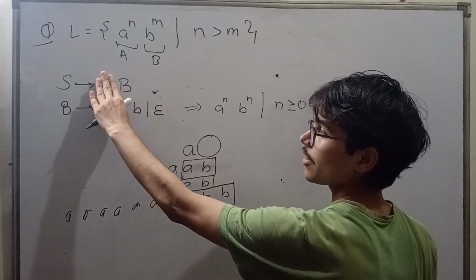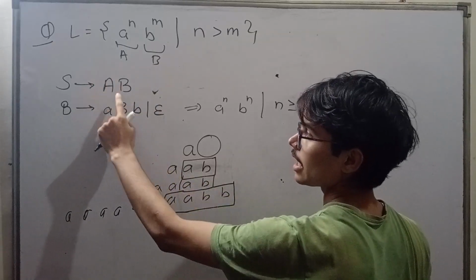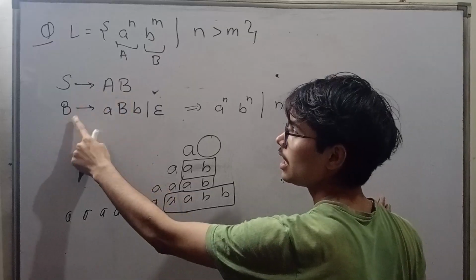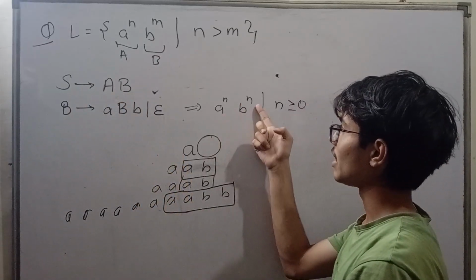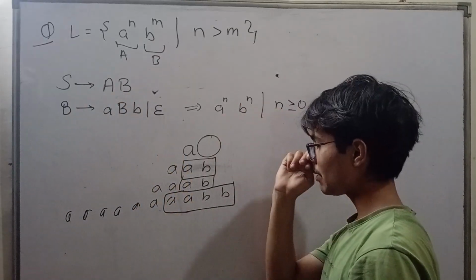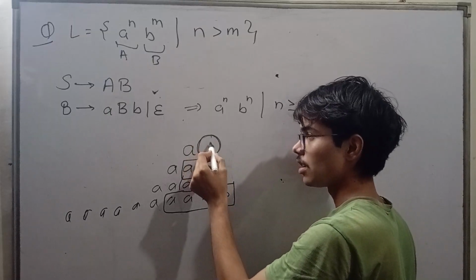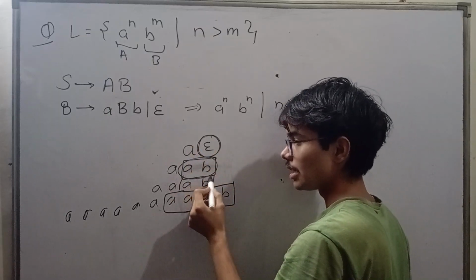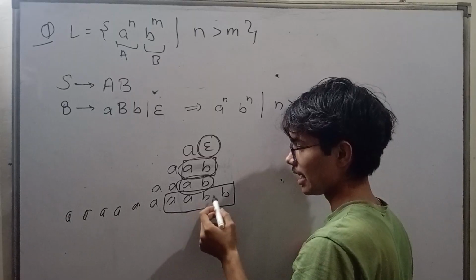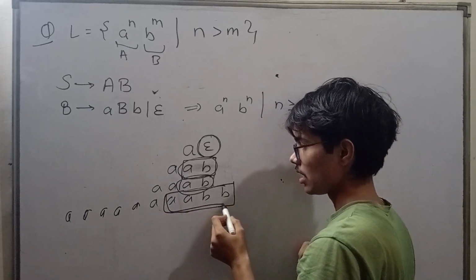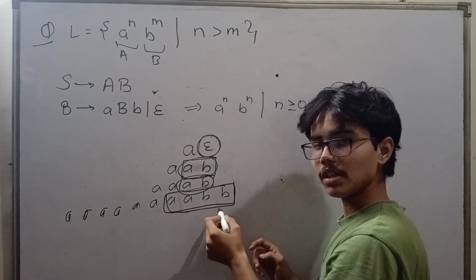So if I just imagine this capital B, B can generate A power n, B power n, where n is greater than or equal to 0. That means it can generate epsilon, it can generate AB, and it can generate AABB.